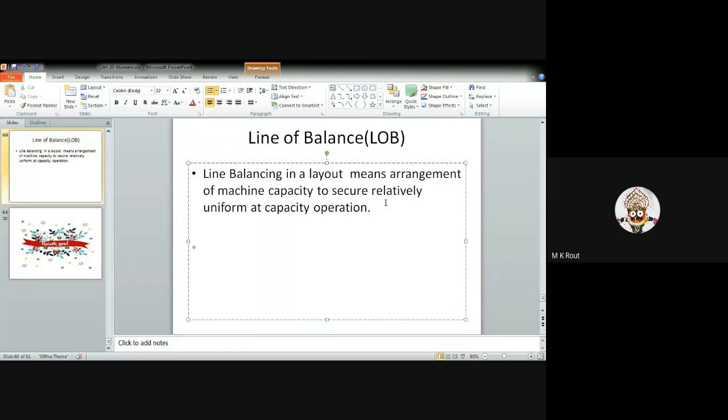Is it visible properly? Yes, sir. I repeat: line balancing in a layout means arrangement of machine capacity to secure relatively uniform capacity operations.